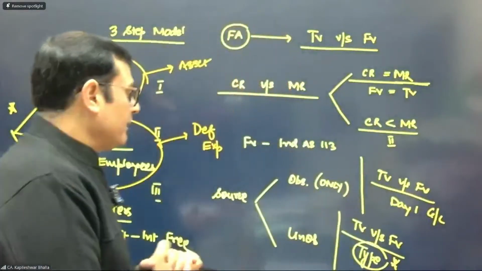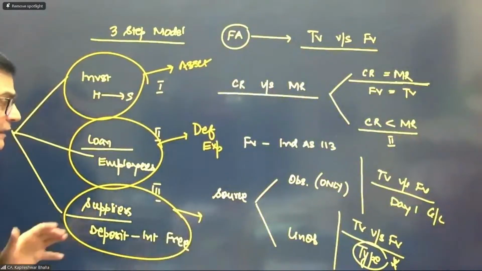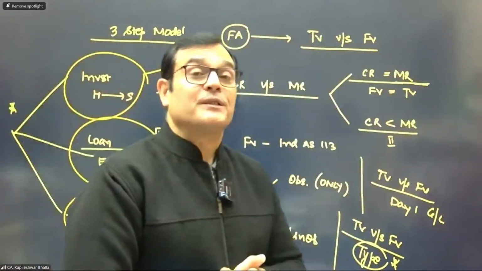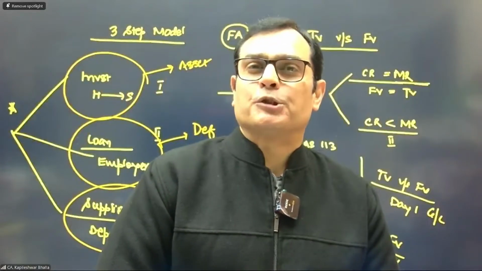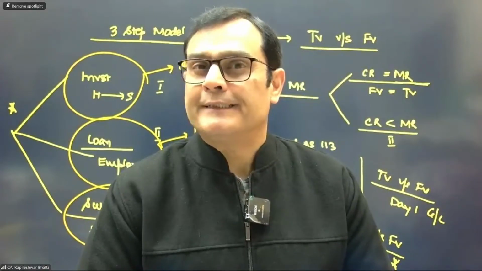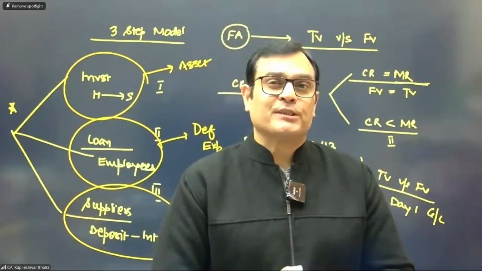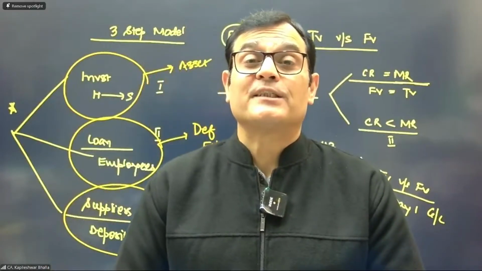And the third kind of example would be when you enter into a transaction with a supplier, it could be a case of a lease transaction. If it is a lease transaction, then the concept of Ind AS 116 would apply, and the differences in this case will be an adjustment to the right-of-use asset as well.